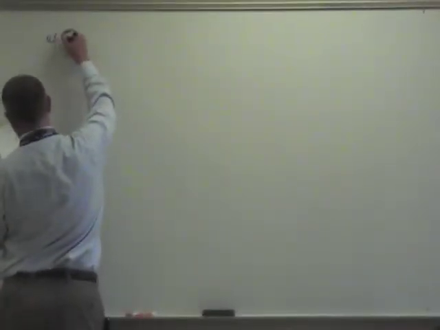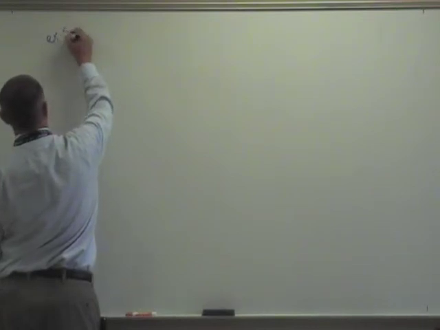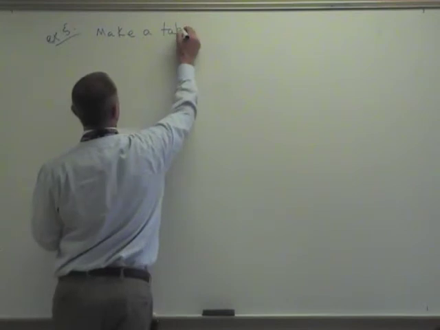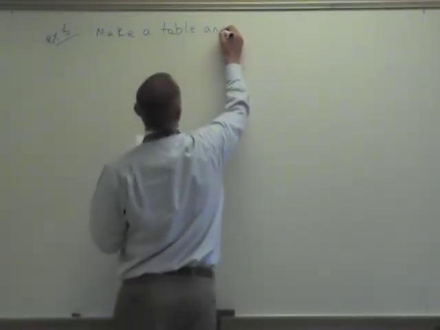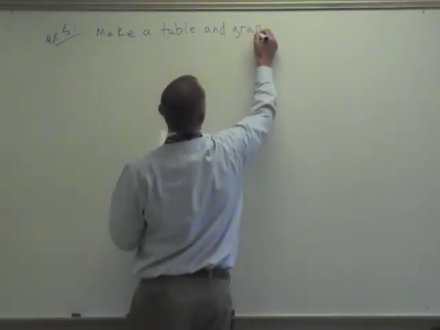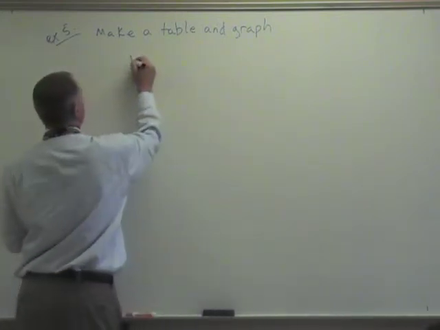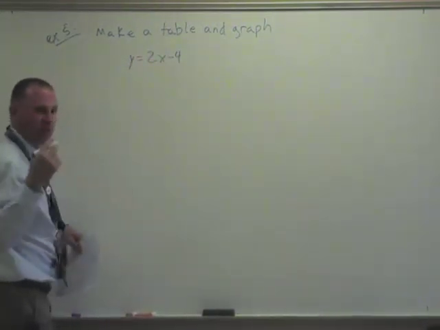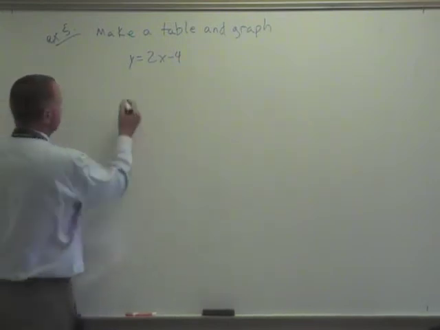Last thing. Example 5. Make a table and graph. We've already done this. Here's the function, 2x minus 4. Make a table, that means make an XY chart.